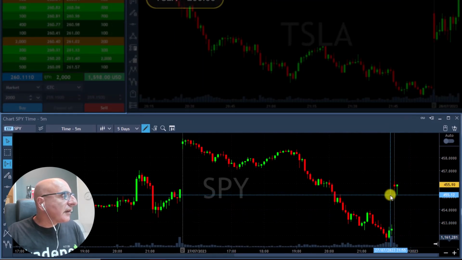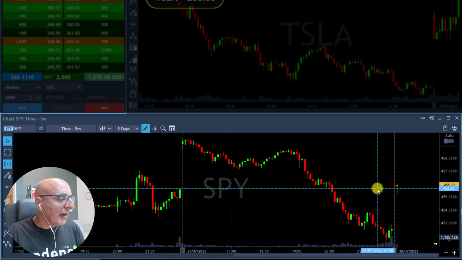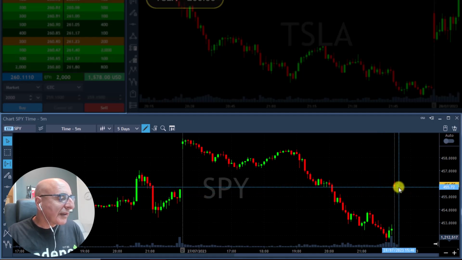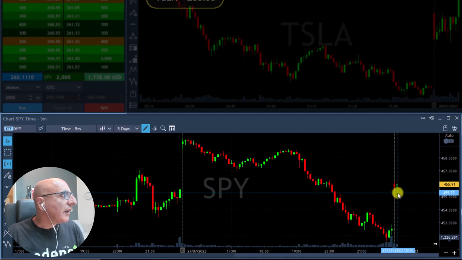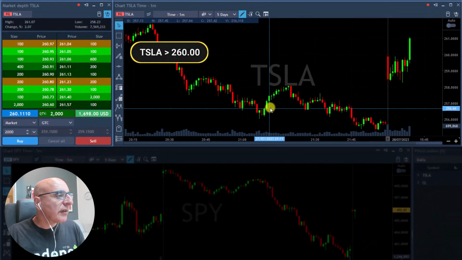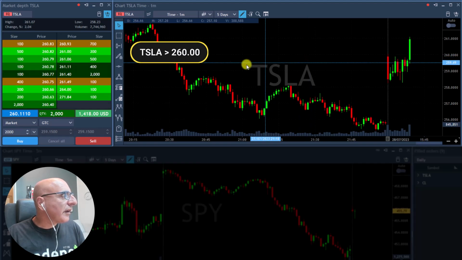When Tesla triggered, which is a good combination, the S&P left a huge bottoming tail and a green candle just turned to be green. What was a very red candle just turned to be green, and Tesla did the first spike up with the help of the S&P, which is great. We had a quick dollar there. But I'm going to wait for a pullback in Tesla and then come in.